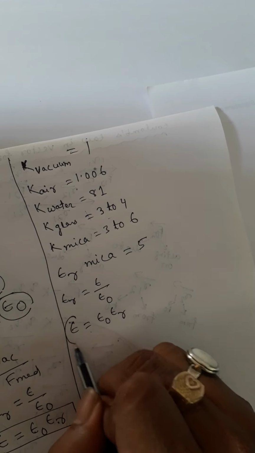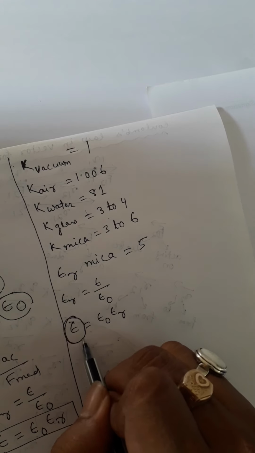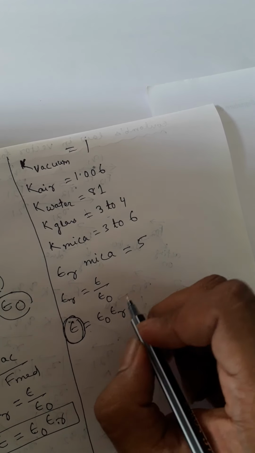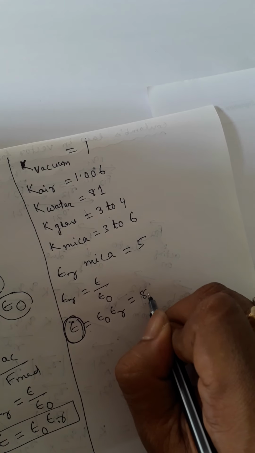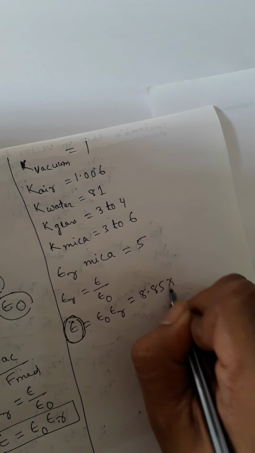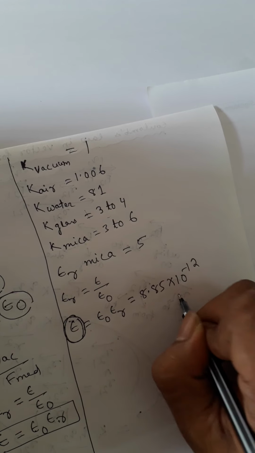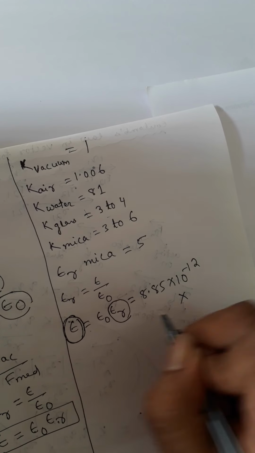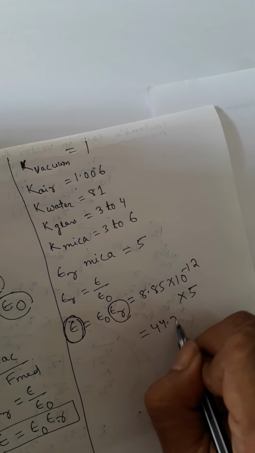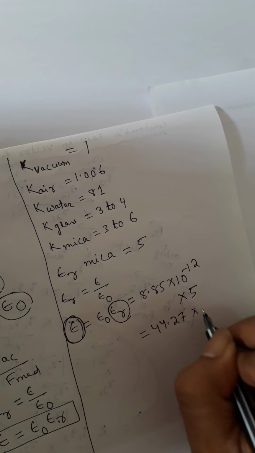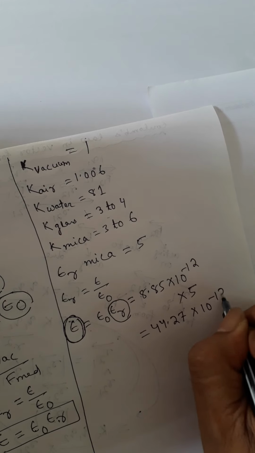So absolute permittivity of this mica will be, that is the value of epsilon naught, all of us know, that is 8.85 into 10 to the power minus 12 into relative permittivity of mica, suppose 5, so it will be 44.27 into 10 to the power minus 12.